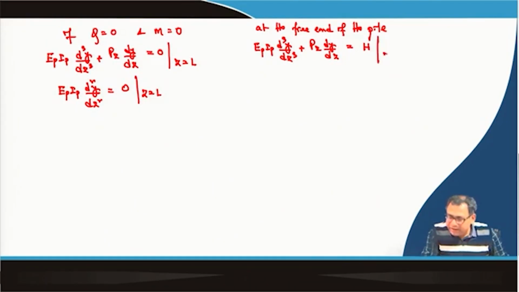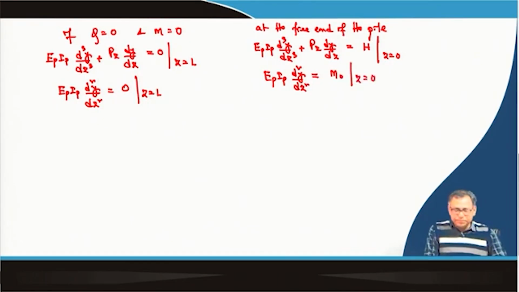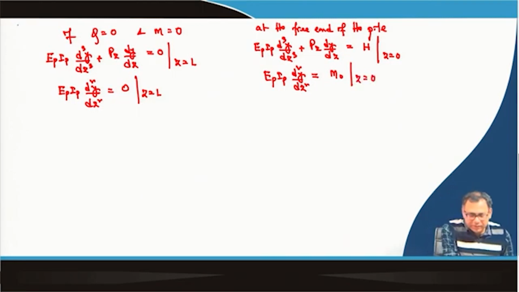So, that is at z equal to 0. Similarly, for the bending moment, E_p I_p d²y/dz² will not be equal to 0, it will be equal to M_0 at z equal to 0. So, this is the free headed pile.